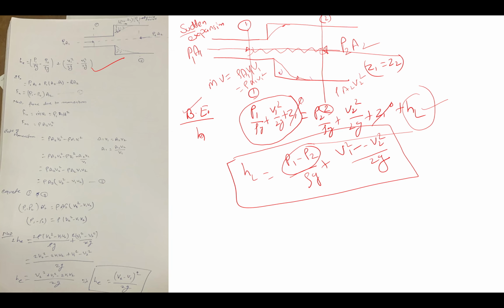Here some eddy formation will be there, and due to these eddies there will be some energy losses. Experimentally, if you see, this area is around A2 minus A1.